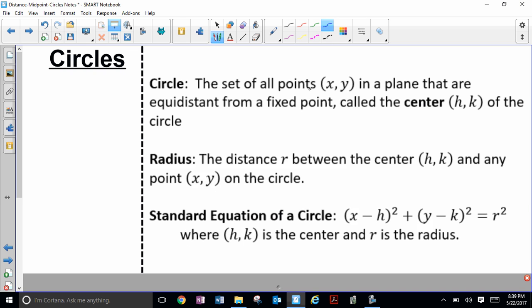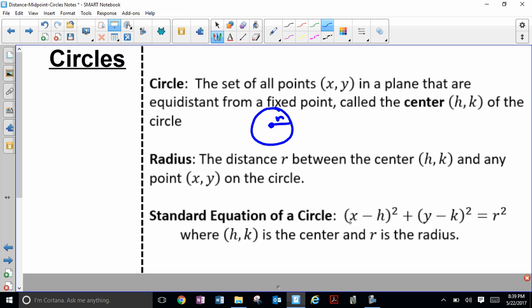A circle is the set of all points in a plane that are equidistant from a fixed point called the center, which we're going to use as (h, k). So all of the points on the circle are the same distance away from that center point. The radius is the distance from the center to any point on the circle.